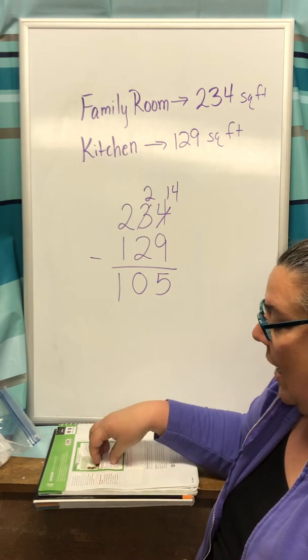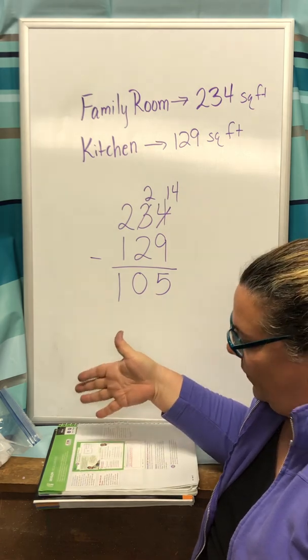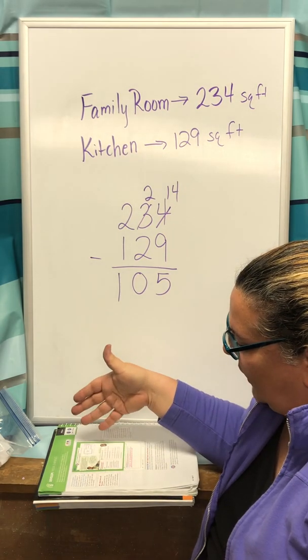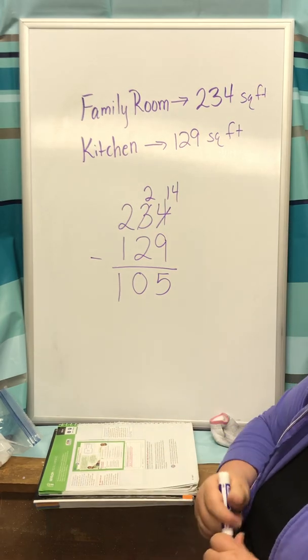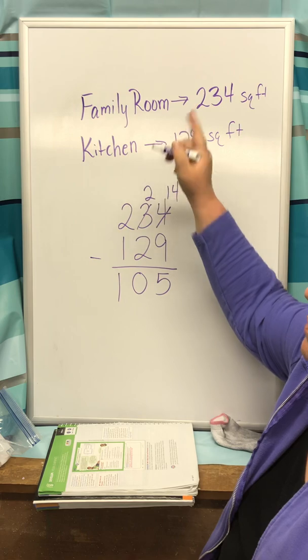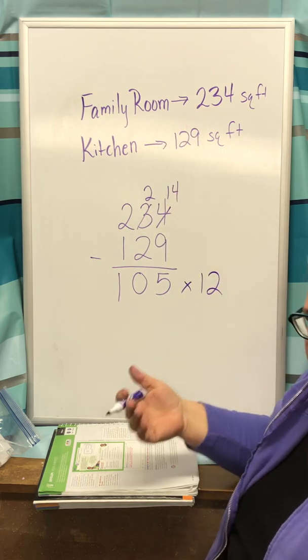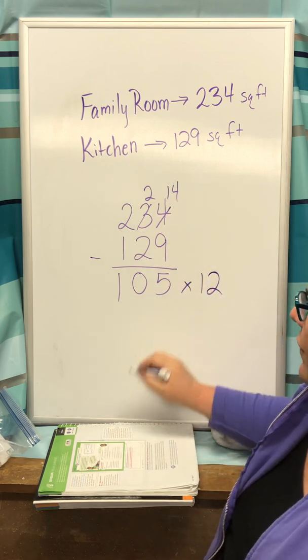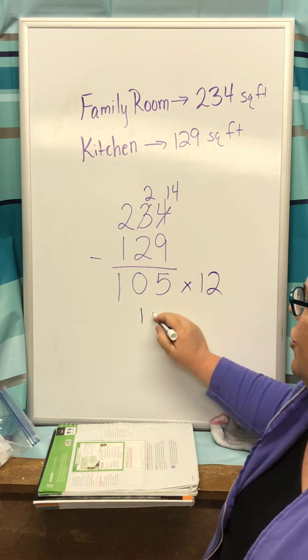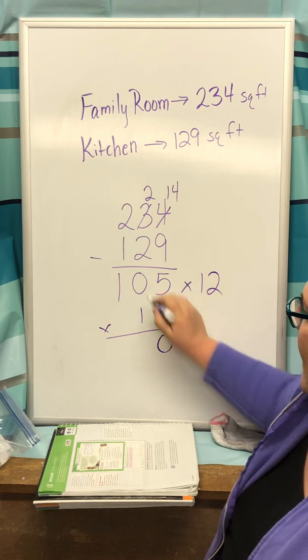So when I go back up to the top problem, they're telling me that these tiles are $12 per square foot. So my next step, if I know that this is the difference between the two rooms, all I need to do now is times 12. That's going to tell me how much more the family room is going to cost. So 105 times 12, I know 2 times 5 is 10.